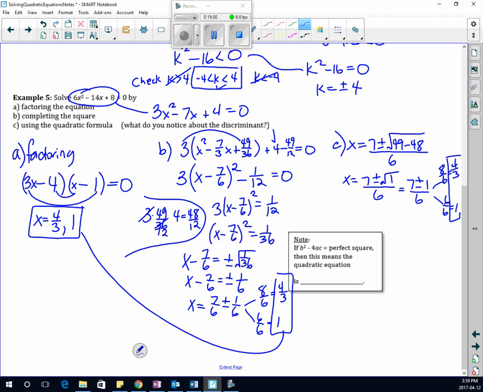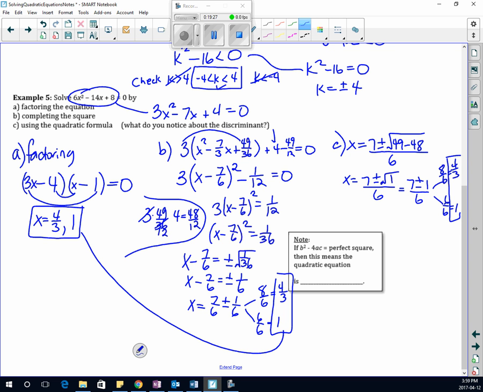But I want you to notice that if I gave you, say on a test, a quadratic to solve and you were having trouble factoring, you could go to the quadratic formula, because you can notice that the quadratic formula was way easier than completing the square, and of course factoring was the easiest out of all three. So your first method should always be trying to factor.